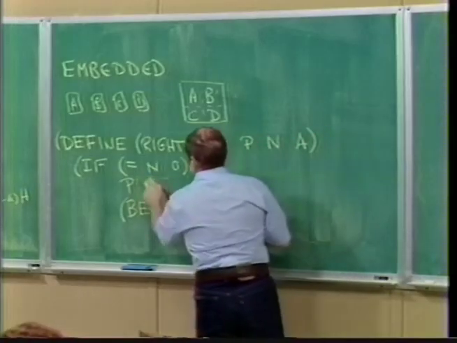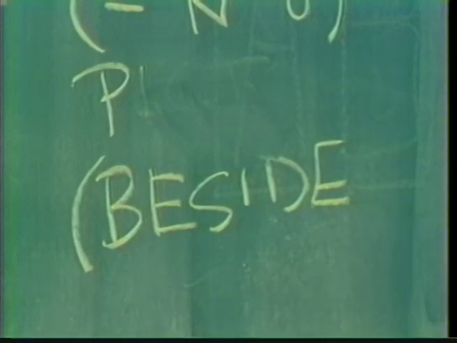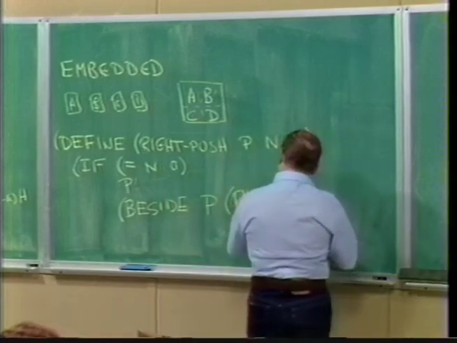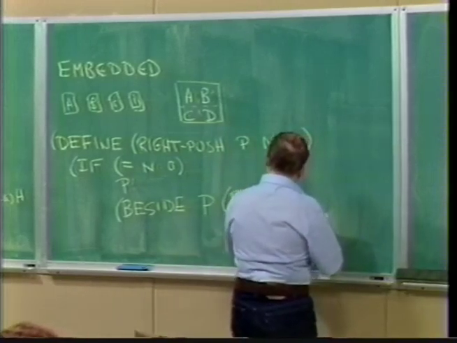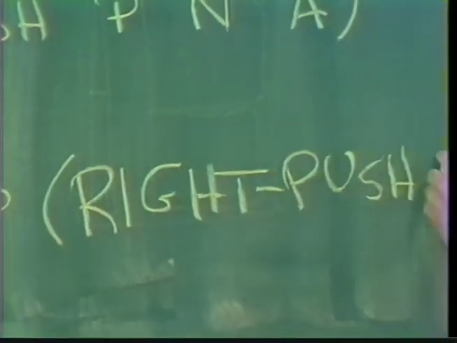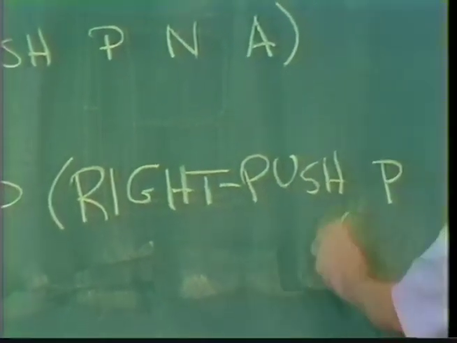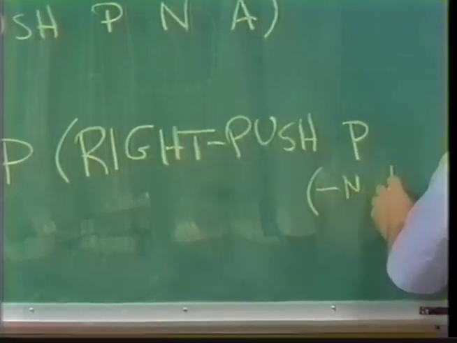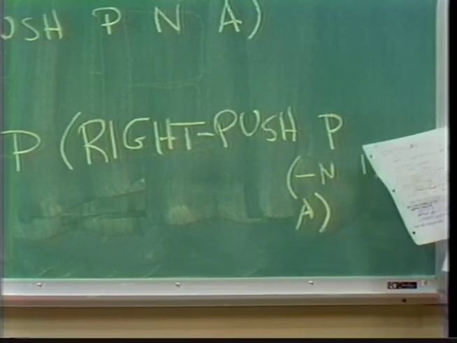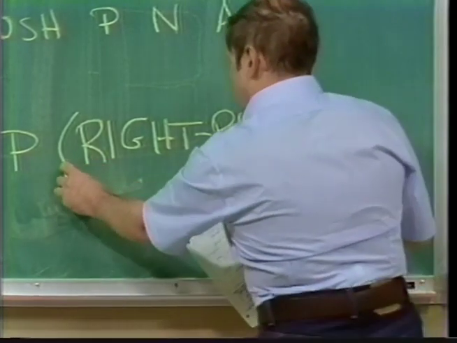Otherwise, I'm going to take P and put it beside the result of recursively right pushing P with n minus 1 and a, and use a scale factor of a.